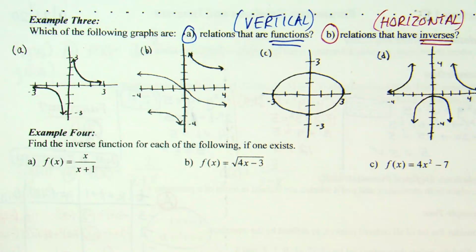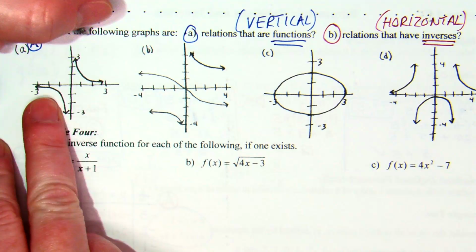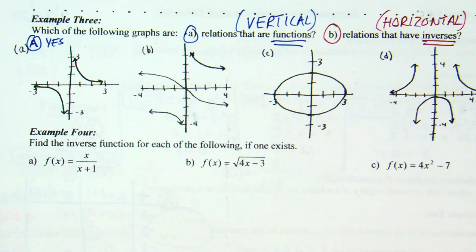Okay, so this is an easy part. Look at graph A, question A. Part A, is this a function? Does this pass the vertical line test? Yes, so it is a function. Part B, does this relation have an inverse?